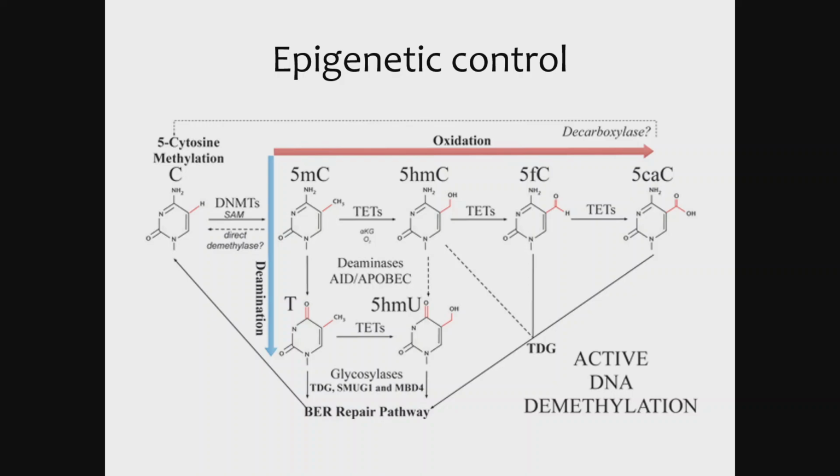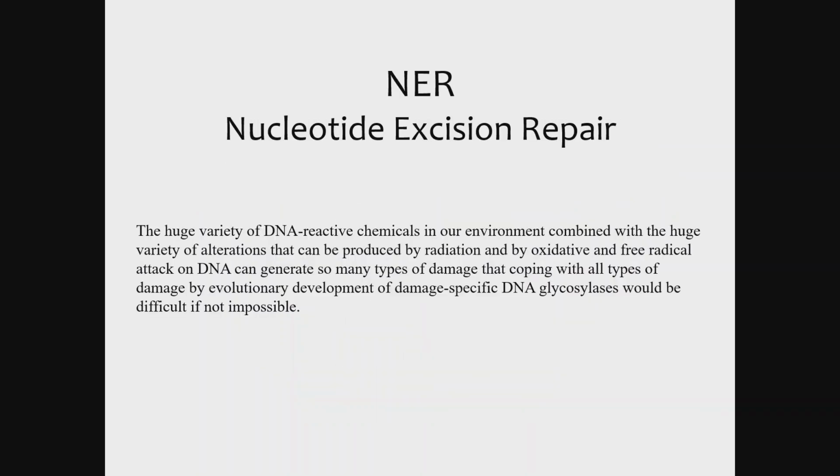But this can also be used. Some of these members can change the DNA, and then again, at the end of the day, signal to the BER system that something is wrong with this, and then we can get a non-methylated base. And this is one way to remove the methylations from the genome.